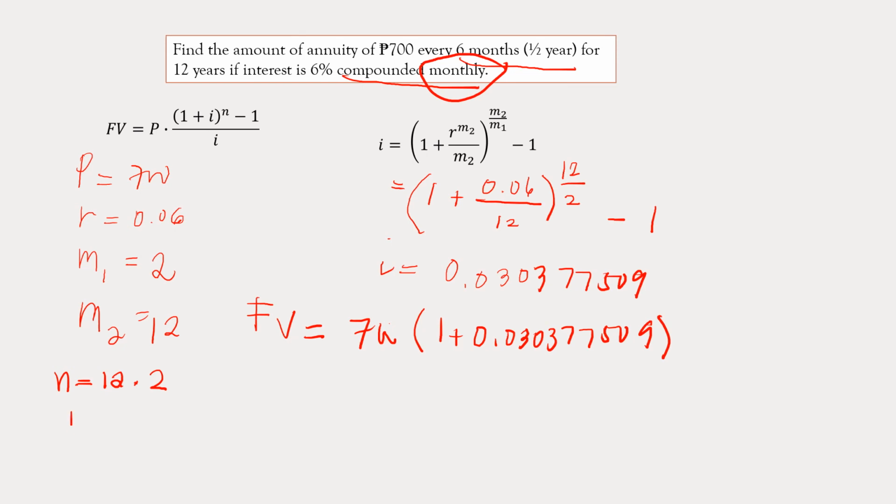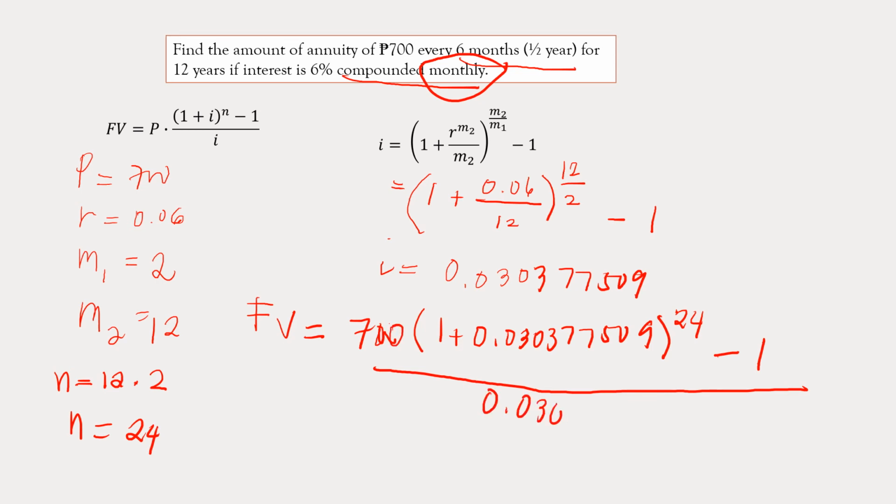So, we have 24. N is equal to 24. So, raised to 24, minus 1 over 0.030377509.